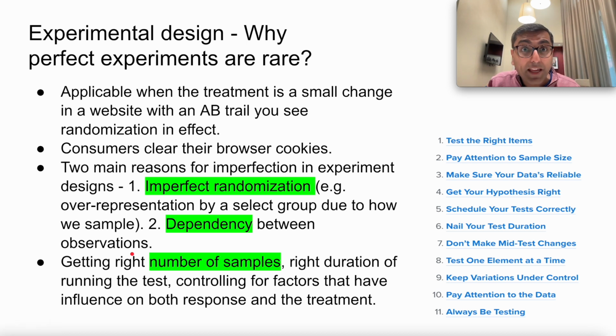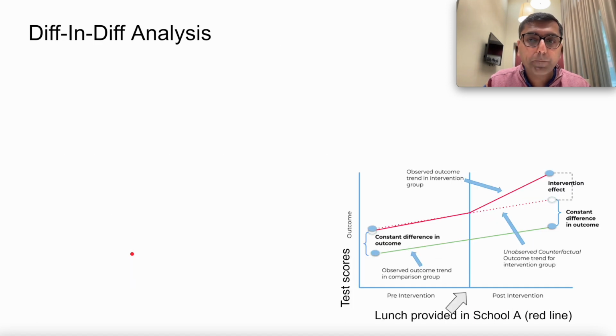We talked about the number of samples being small, the duration of tests, and so several reasons why designing a perfect experiment is rare. And so doing it well is an art and a science. You want to really perfect this if you run and make big business decisions from this.